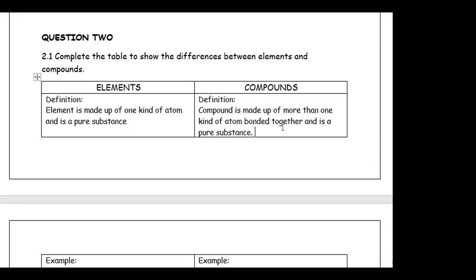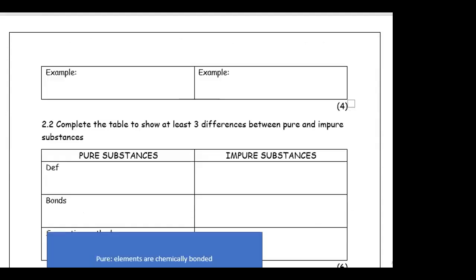What isn't a pure substance is a mixture, because a mixture is made up of a whole lot of elements and compounds put together. But a compound is a pure substance because the only way you can break down a compound is through chemical means. So you have to take electricity and let it break down a compound, or you need to use heat. So it can't just be broken down through physical means.